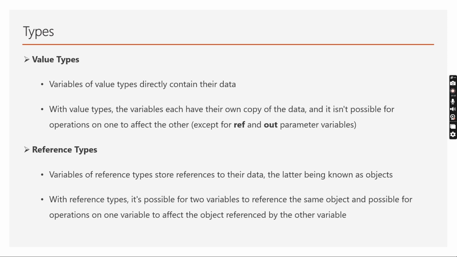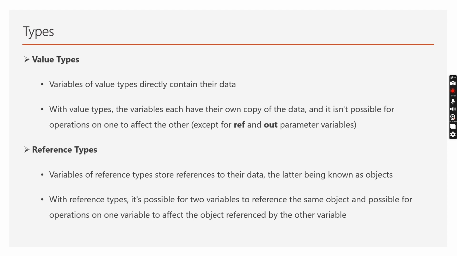Unlike value types, variables of reference types store only references to their data. It will not actually store the data. The data will be stored somewhere else. It will just store the reference to that data, maybe like a pointer. And this data is later known as an object.